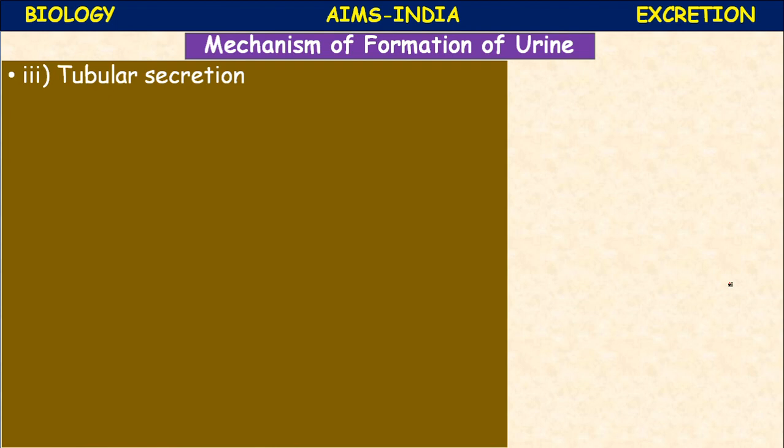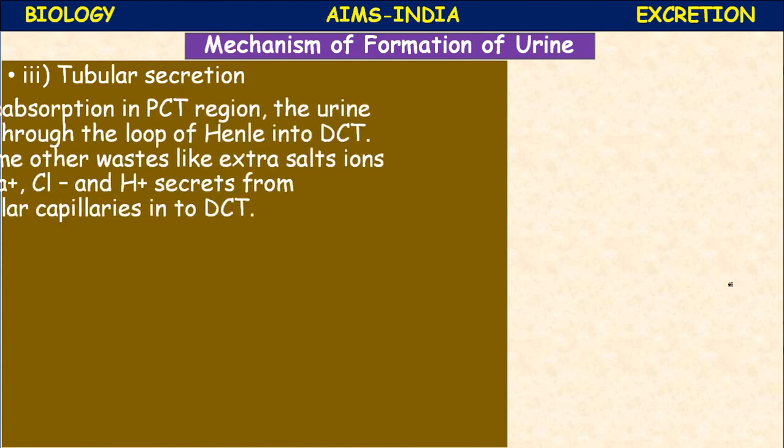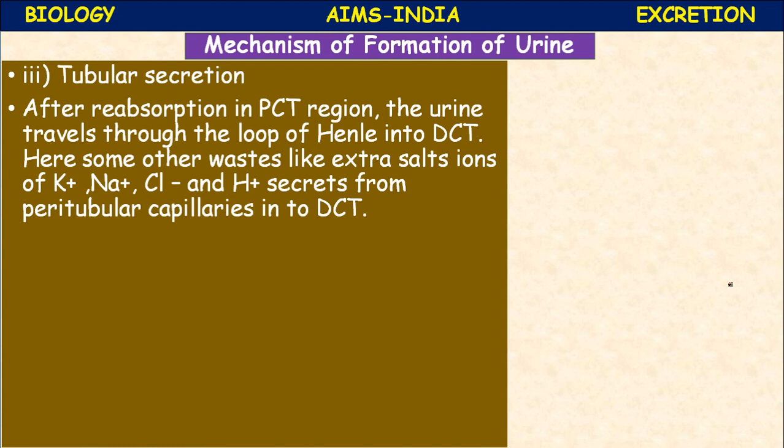Next, tubular secretion. After reabsorption in the proximal convoluted tubule region, the urine travels through the loop of Henle into the distal convoluted tubule, and here some other wastes like extra salts, ions of potassium, sodium, chloride, and hydrogen ions are secreted from the peritubular capillaries into the distal convoluted tubule.